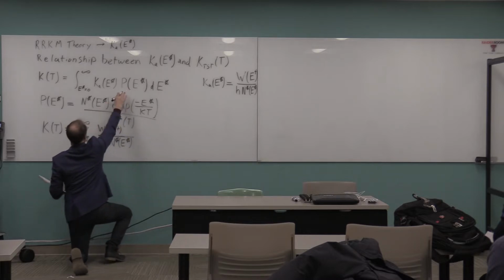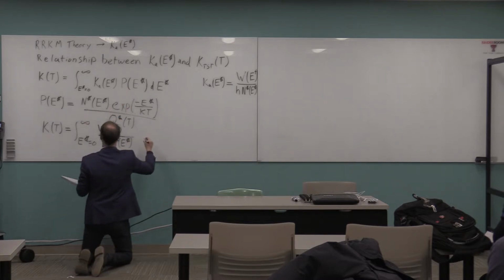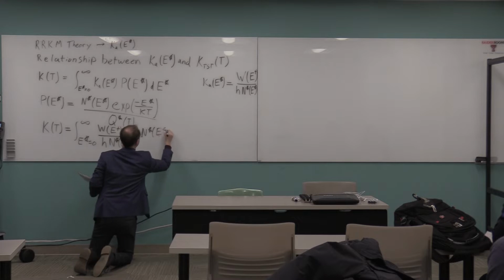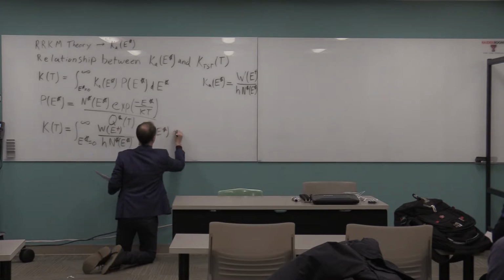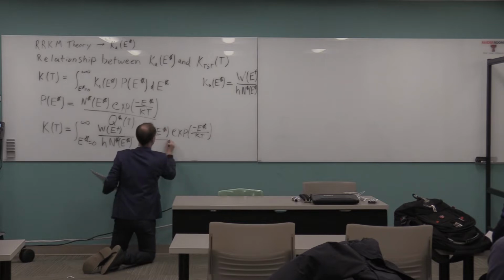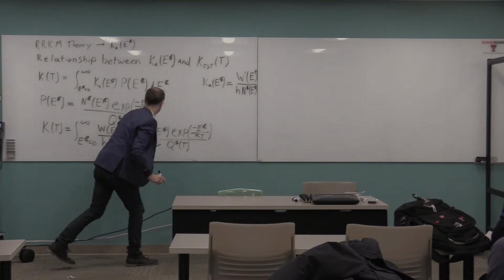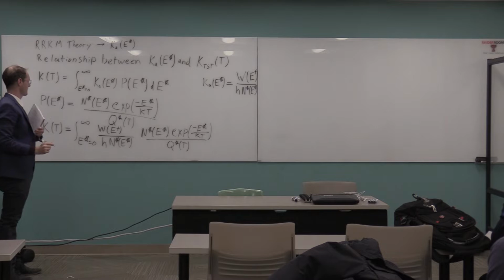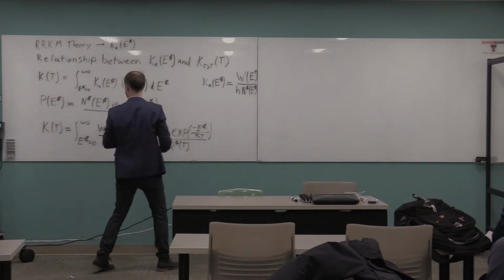And then we multiply by this probability here. So times the density of states n star of E star, exponential minus E star over KT, divided by Q, times dE star.